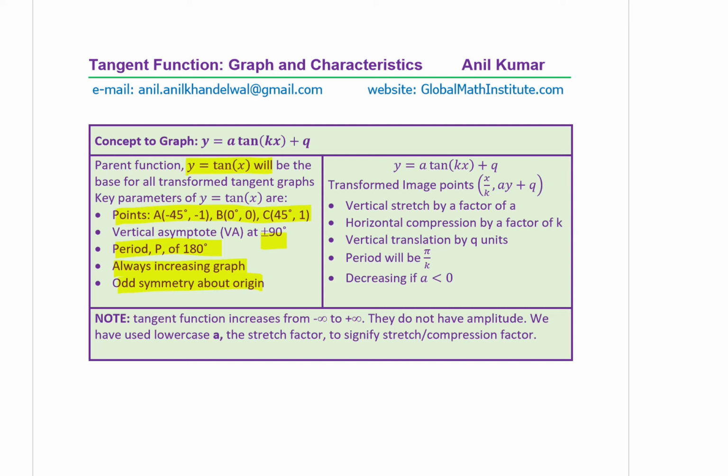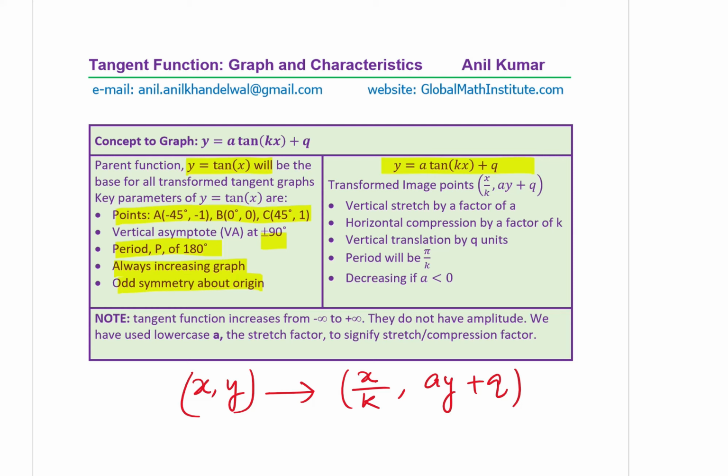Correct. So if you have a function which is y equals a tan kx plus q, in that case, the mapping of the points will be what? The x and y coordinate values will map so that the x values get multiplied by 1 over k, or divided by k, and the y values get multiplied by a and translated q units up if q is positive.